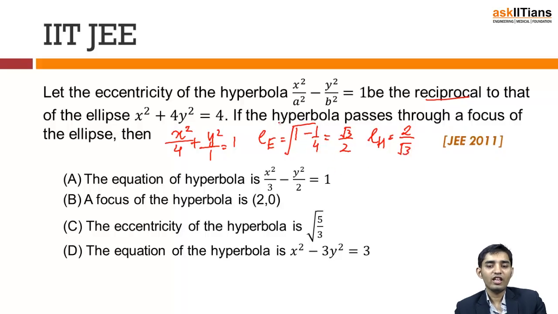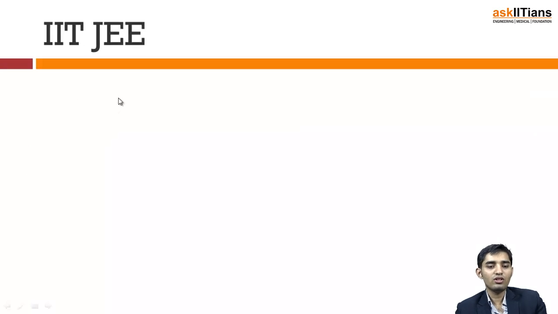Right, and the hyperbola passes through the focus of the ellipse. So what are the foci of ellipse? A e, 0. A is 2. So plus minus root 3, 0 will be the foci. These are the foci of ellipse, and these foci of ellipse pass through the hyperbola. Alright. So suppose the equation of hyperbola is x square by a square minus y square by b square equal to 1, the standard equation of hyperbola, right?